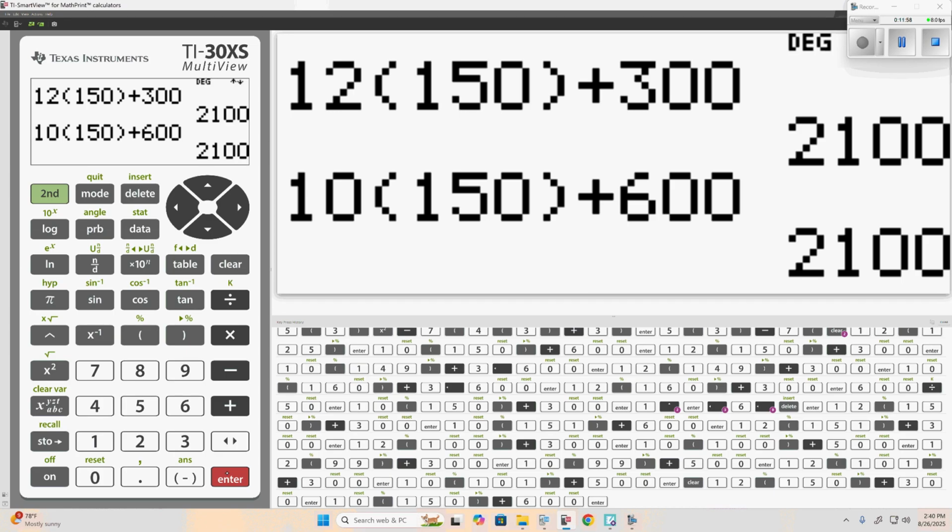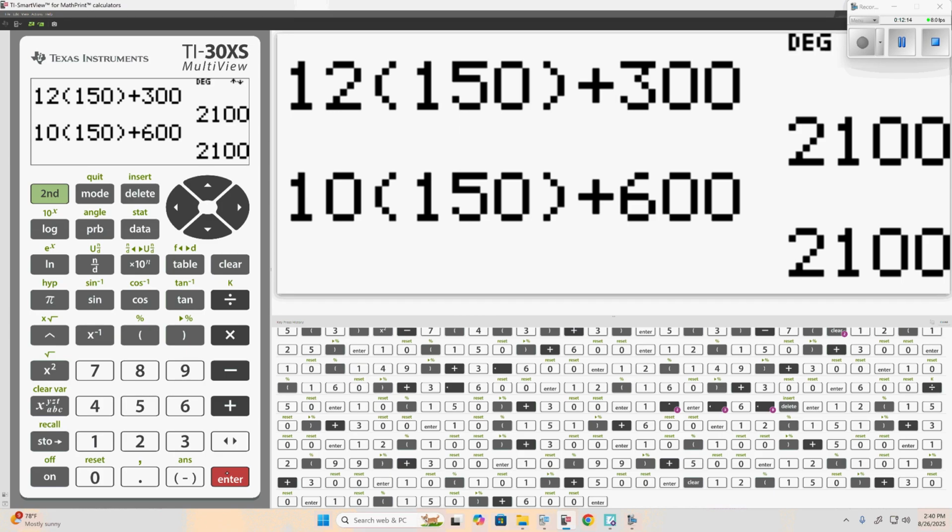So which one started off more expensive? Sunview, yes, because the starting cost is $600, the plus 600. Lakeside, our plus is 300.